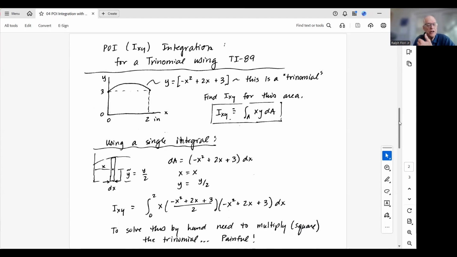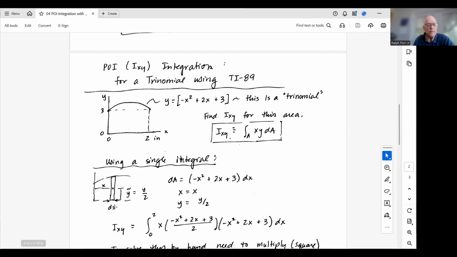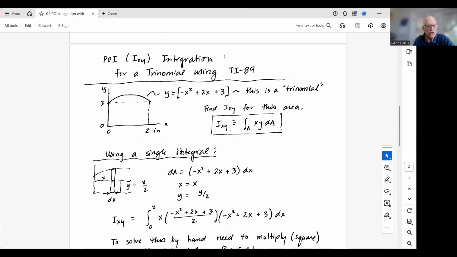So we can use a double integral, or we can use a vertical integral, a vertical element. We cannot use a horizontal element because of the way this is shaped, so a horizontal is not available to us. If we use a single integral, then we take a vertical dA, and the dA is dx wide.